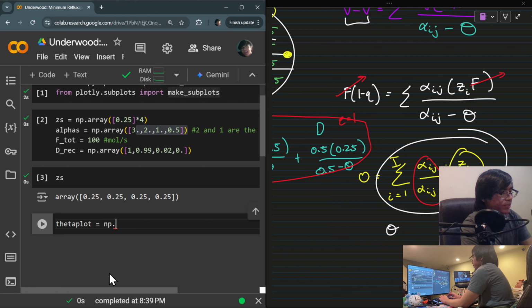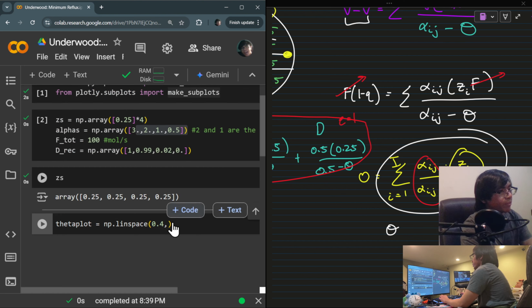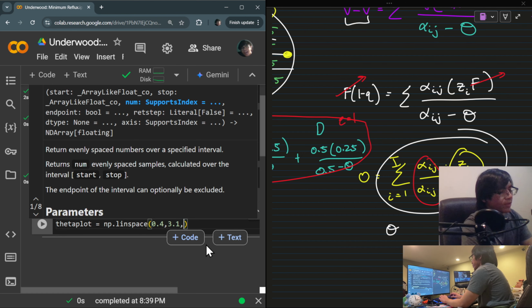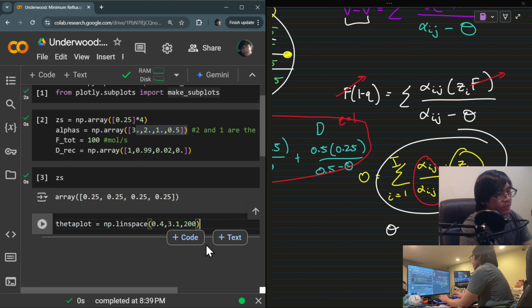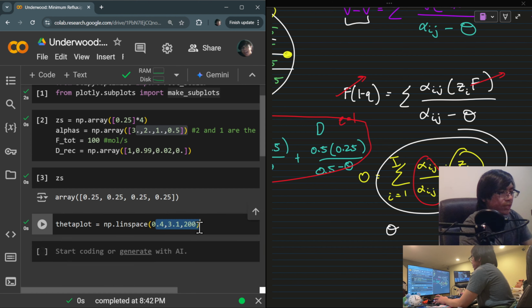Yeah, np.linspace. We create it from maybe 0.4 to maybe 3.1, so only going by a tenth place, and then we'll do 200 points. Notice that, well, you won't see it now, but later on, if we change these bounds and the number of points, our graph changes slightly, but the roots don't change.